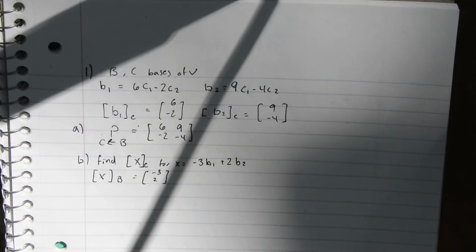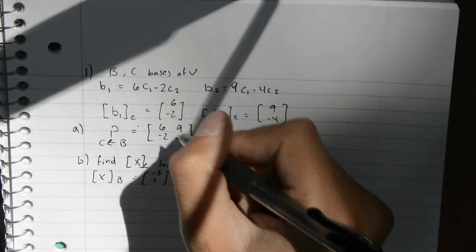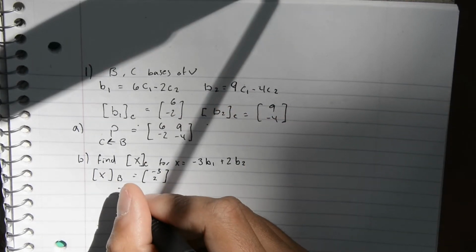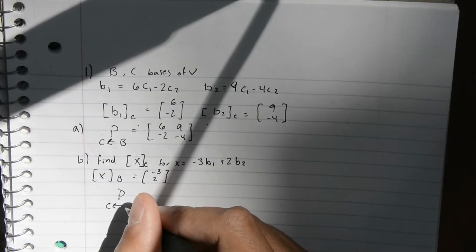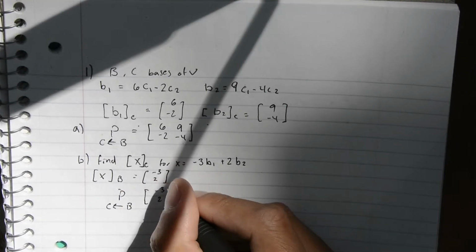Okay? So now that we have P from B to C, we can just take this and multiply P, C from B with minus 3, 2.